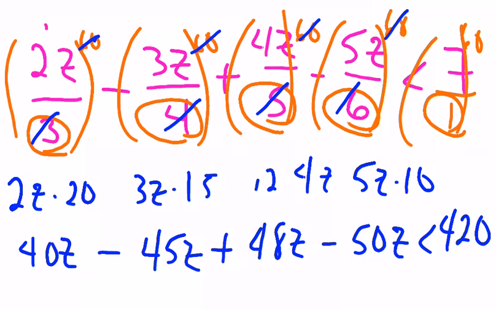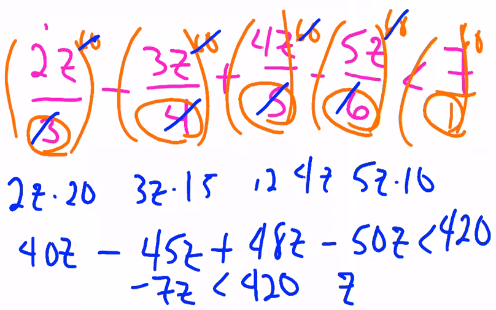Now we need to combine the like terms on the left. So we have 40 − 45 + 48 − 50 equals −7z, less than 420. Then we have to divide both sides by −7.